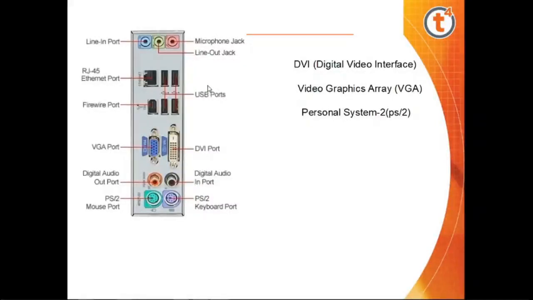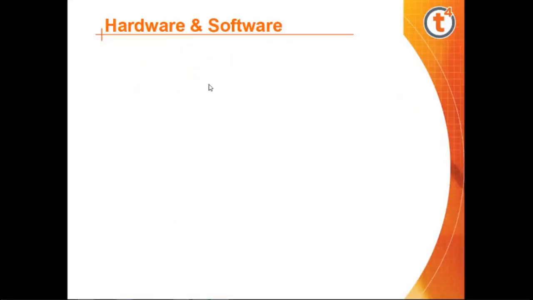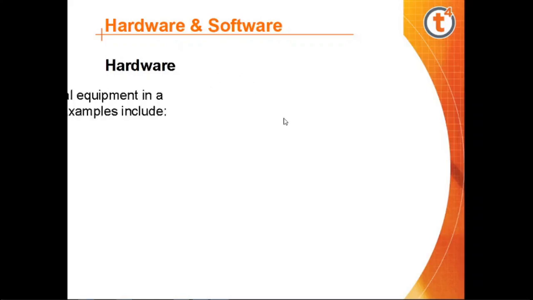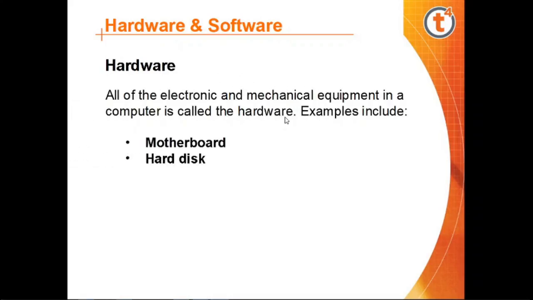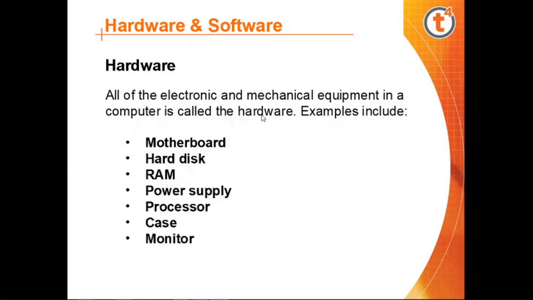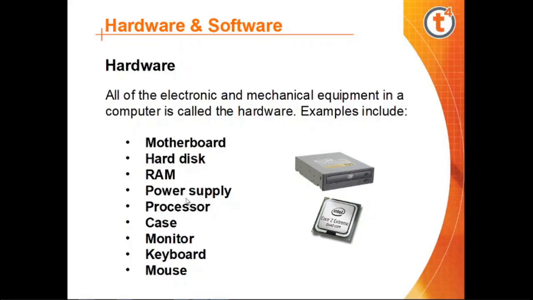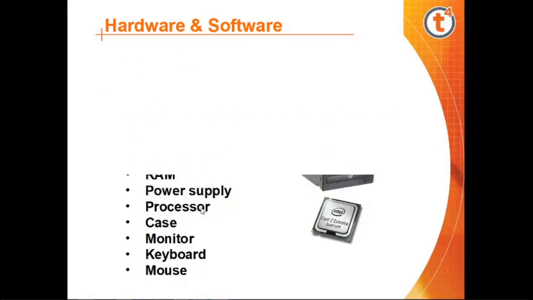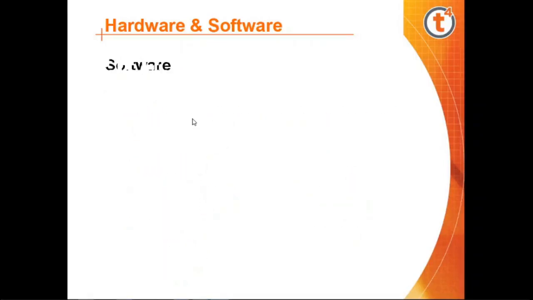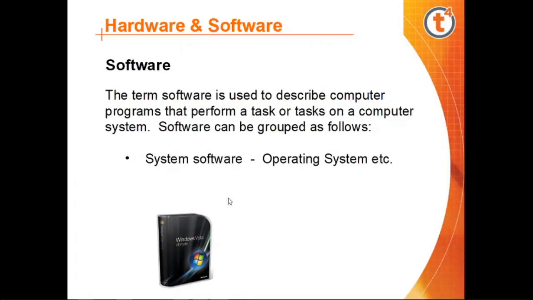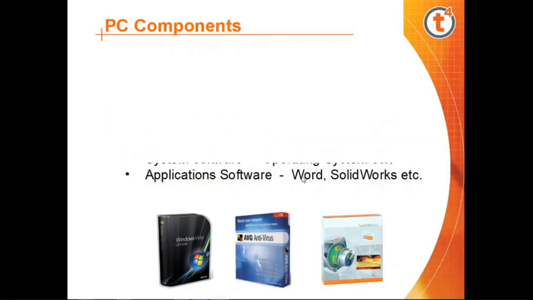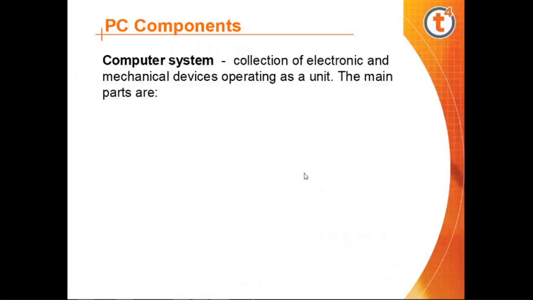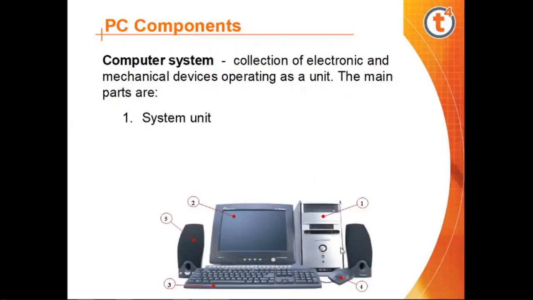In the last session, we covered the input-output ports, and the hardware and software parts. These are some parts of hardware. Then we studied the software part: the operating system, then application software, and the computer system, all the units present in the computers.